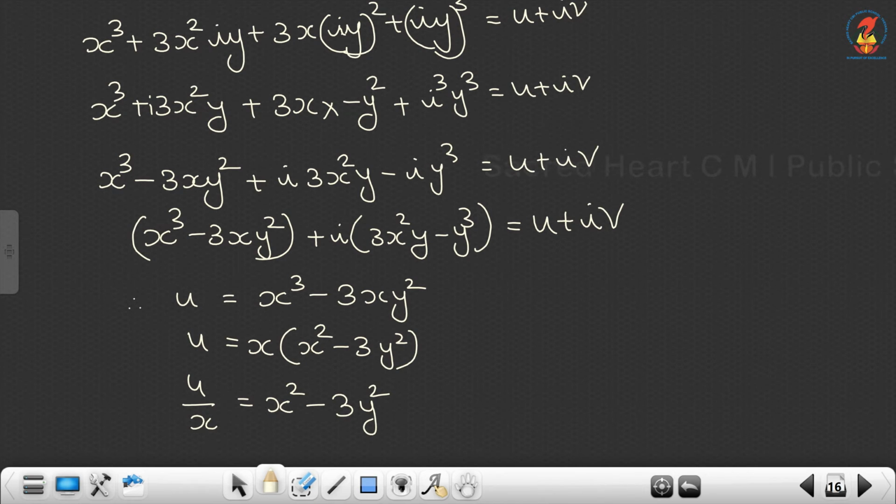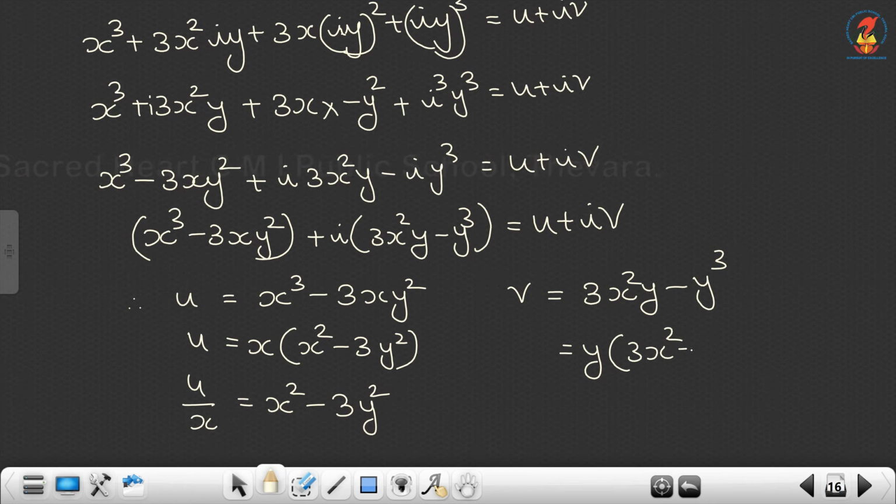The same way, the imaginary part, that is v, is equal to 3x²y − y³. y take outside. So what is v/y? 3x² − y².